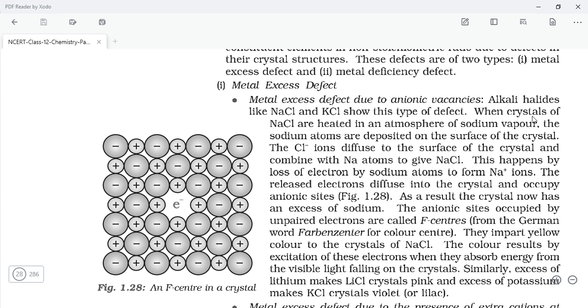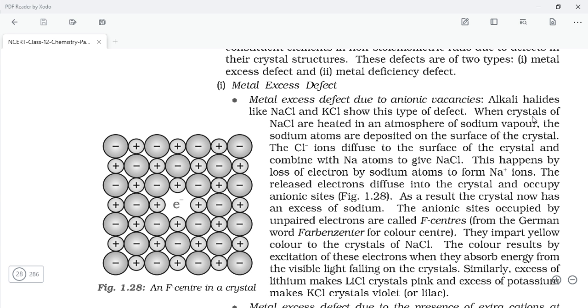So Cl minus goes to the surface so as to react with Na, and Na becomes Na plus, releasing one electron, which then makes a vacancy inside the lattice of the solid.